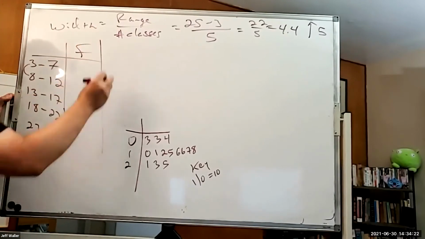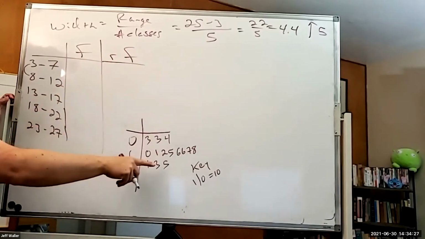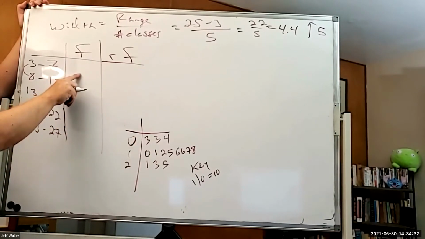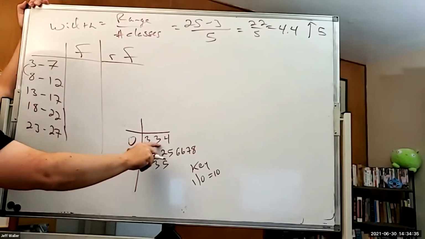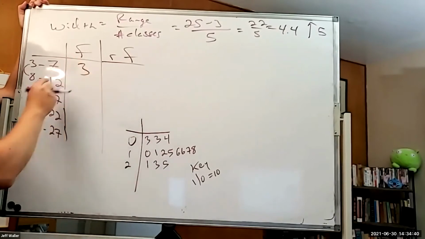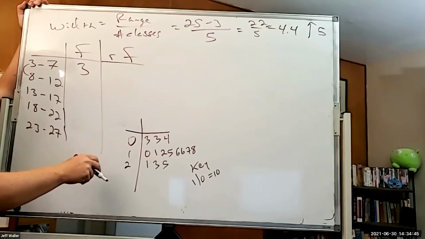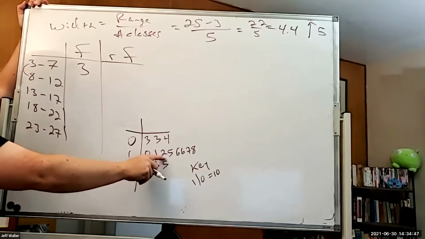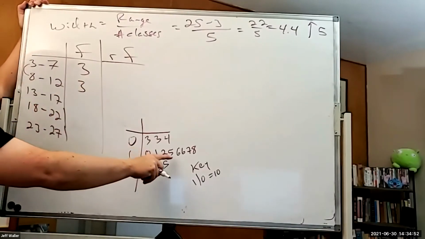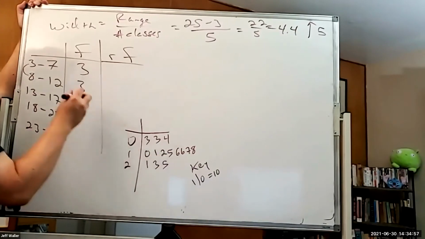So now I've got to get my frequency and my relative frequency. I'm going to erase this in a minute, but I need it for now. So what number goes here? 3. Good. There's 3 data points from 3 to 7. Now from 8 to 12: 3 again, right? 10, 11, 12. 13 to 17: 1, 2, 3, 4.